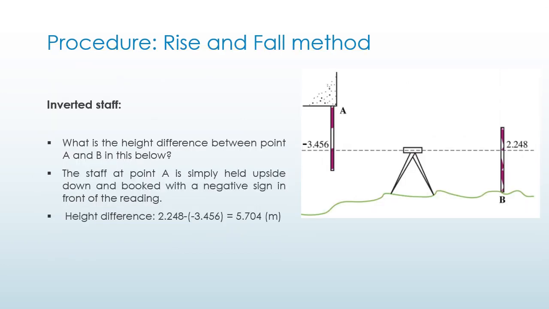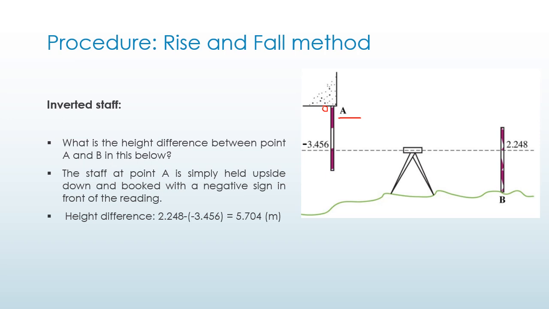Now, let's have a look at this situation where you have the point A measured above the height of the instrument. We're going to turn the staff upside down. So 0 is going to be here and down here. If you take the reading, the distance from A to the line of sight, 3.456 meter.